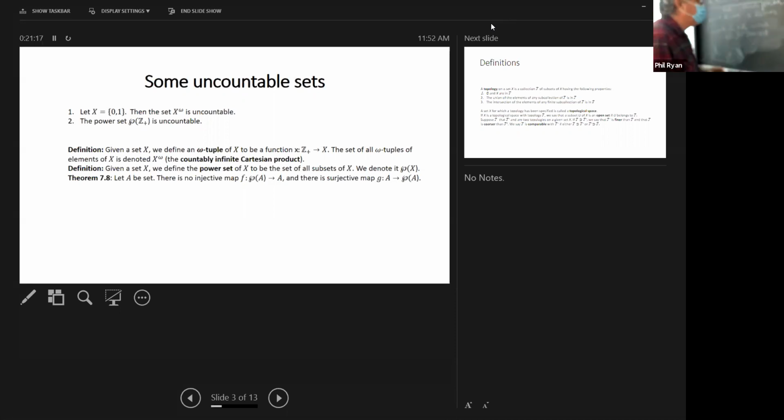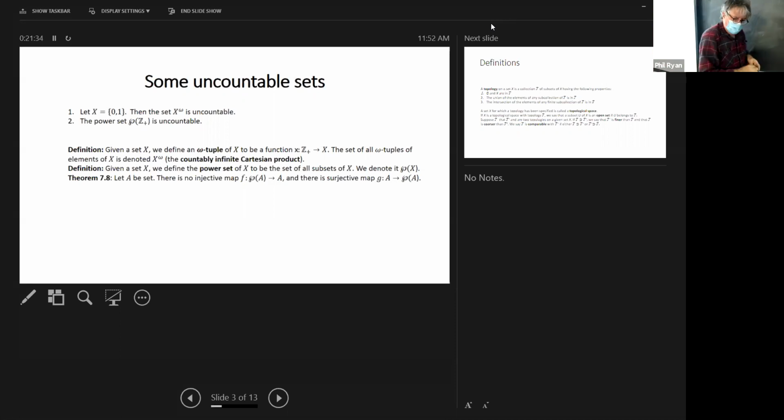So how can we show that this is an uncountable set? So now we've got to argue by contradiction. Or maybe it's simpler than that.